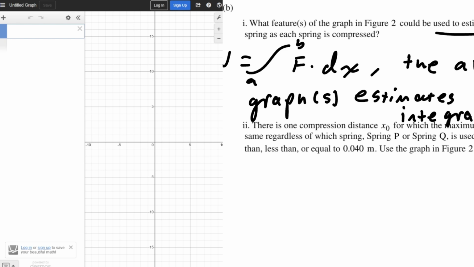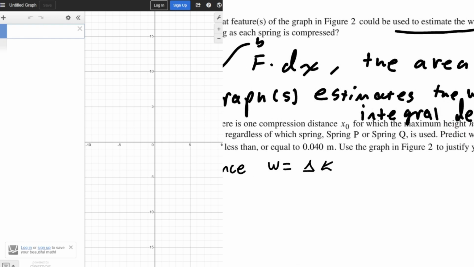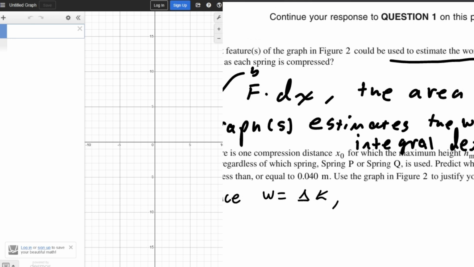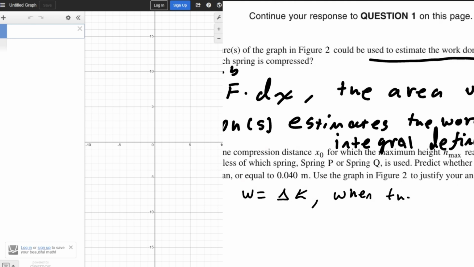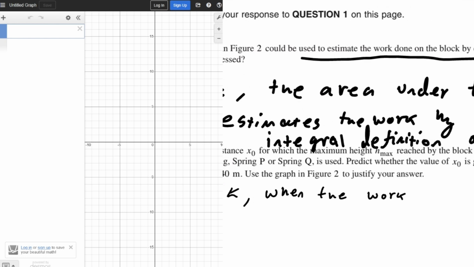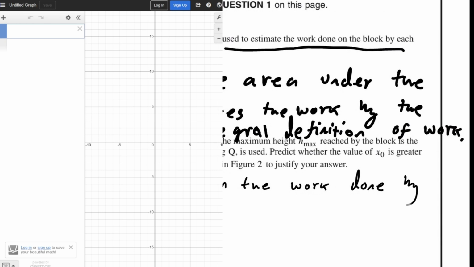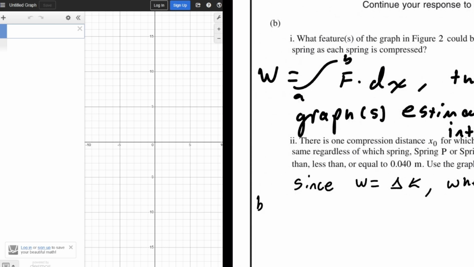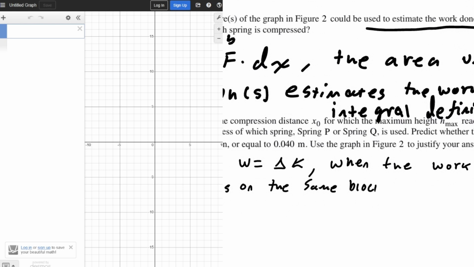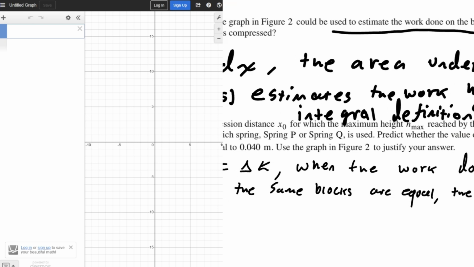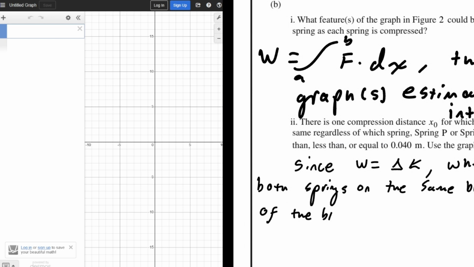And by the work energy theorem, since work equals the change in kinetic energy, we're going to say that when the work done by both springs on the same blocks are equal, the delta K of the block are also equal.